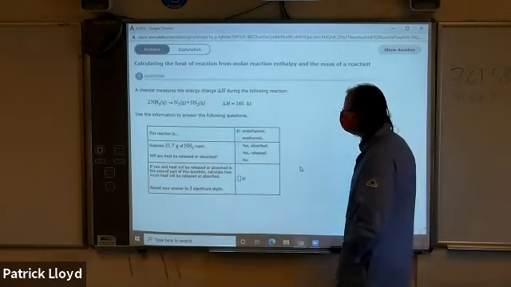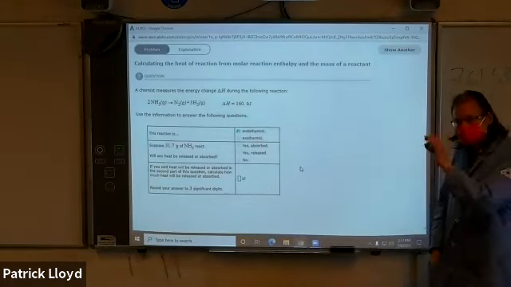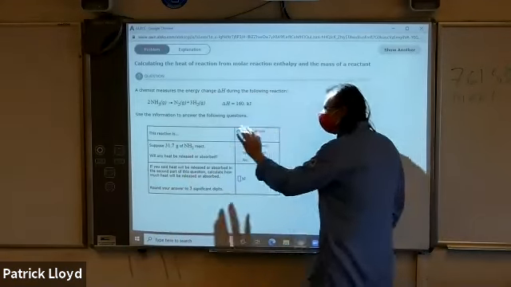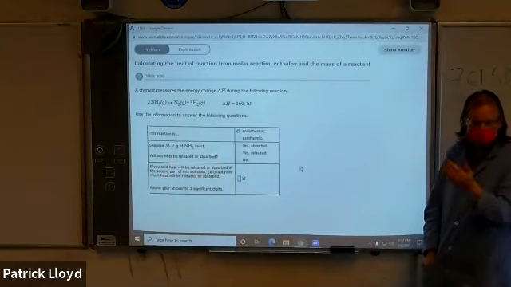Will heat be released or absorbed? That's actually, in a sense, a little tricky question that you don't need to look too deeply into. They're giving you the amount of ammonia here, but the amount doesn't determine whether something is endothermic or exothermic.